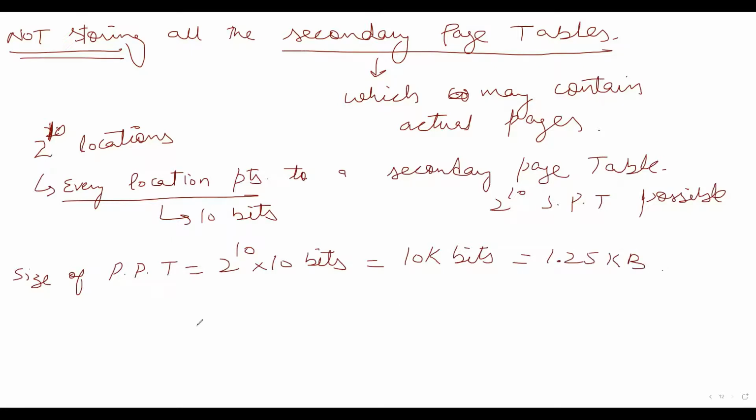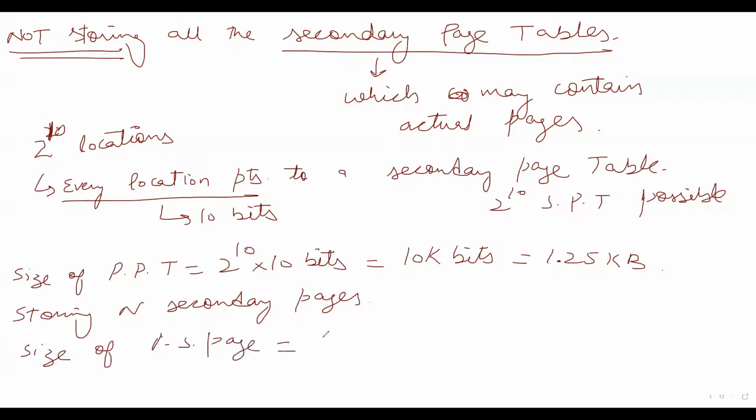Now let's suppose we are storing n secondary pages for every process. The size of one secondary page will be equal to 2 raised to the power 10, because every secondary page is also indexed by 10 bits.